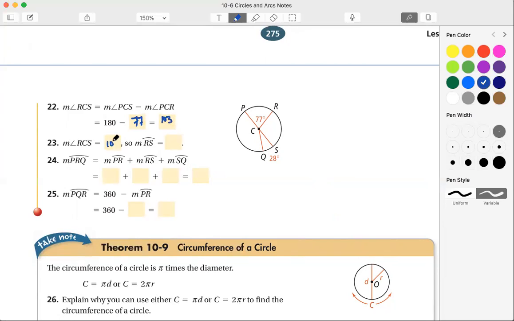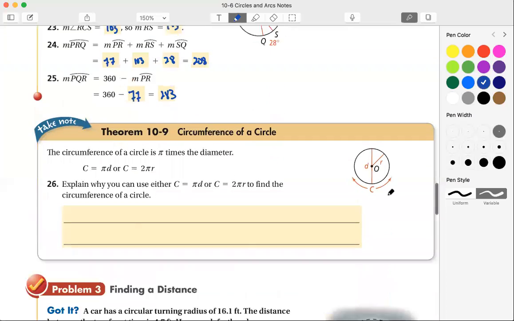RCS is 103, so arc RS is 103. PQR is going to be the sum of all 3 of these, so 77 plus 103 plus 28, which is going to give us 208. And PQR is going to be 360 minus 77, which is going to be 283.